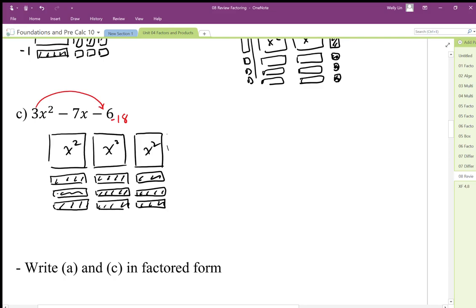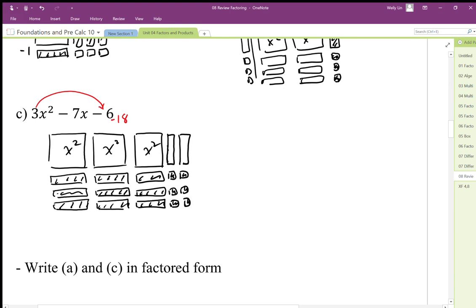I'm going to put the positive 2 x's along this edge. Okay, and then the negative 6 ones should fit in here, and they do. So I have a 3 by 2 array, and that gives me my negative 6.